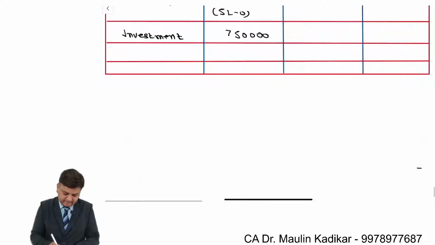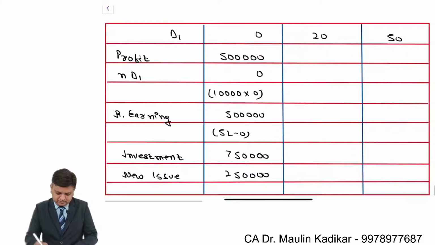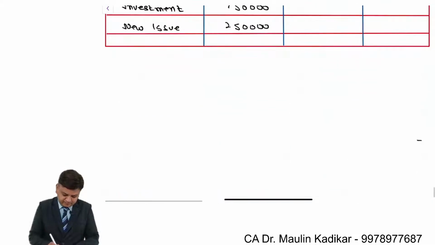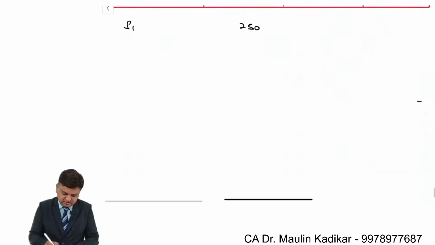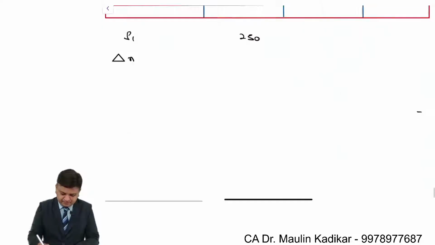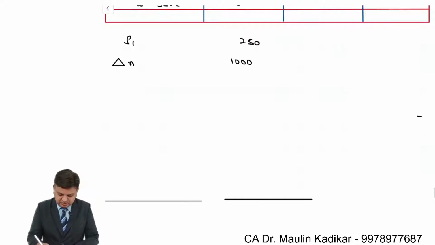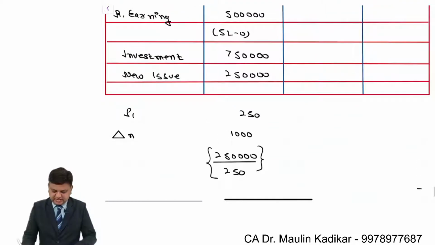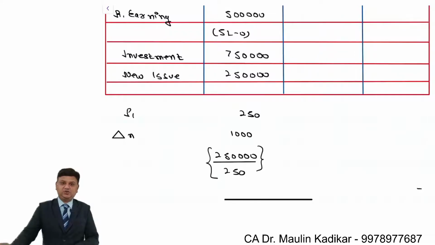So new issue of 2,50,000. If dividend is not paid, dear students, P1 is 250. Based on that, the final answer, that is delta N, is 1,000 shares. That is 2,50,000 divided by 250.